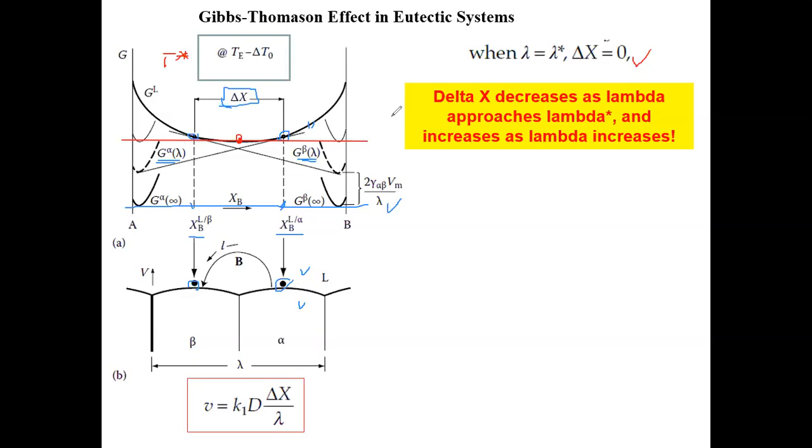But what is the consequence of delta x equals 0 in the kinetics? If I don't have any delta x, the difference between the composition, do I have any kinetics, any transfer of atoms? No, right? If my delta x equals 0, I don't have any driving force for the atoms to move around, which means I cannot change the composition of the liquid and solid, and everything just remains the same.